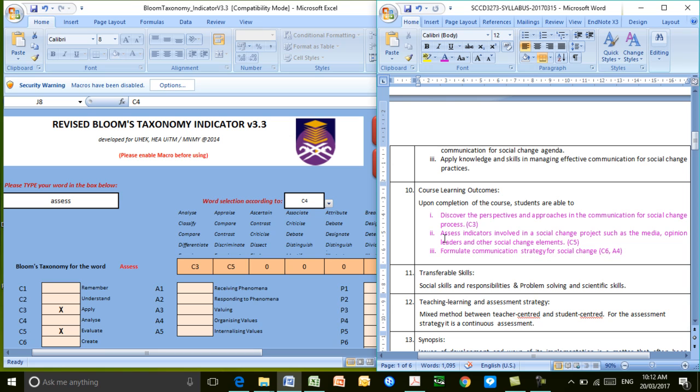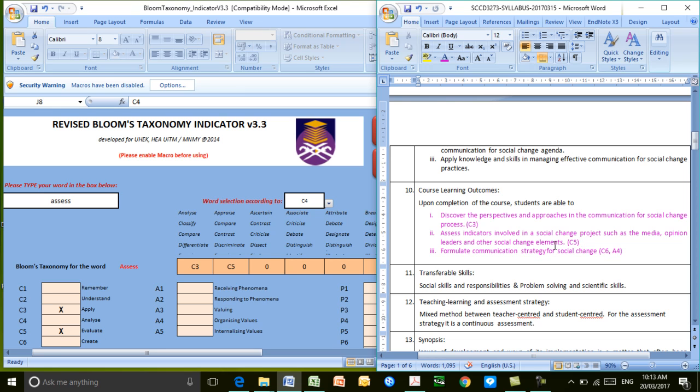You will need to read and evaluate yourself which cognitive level your CLO is actually representing. Like here, I claim that it is under evaluate C5, so I put the C5.